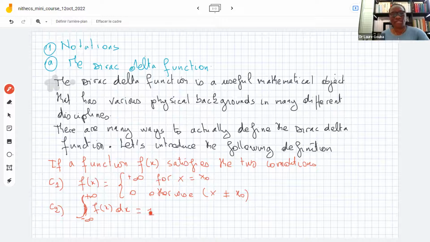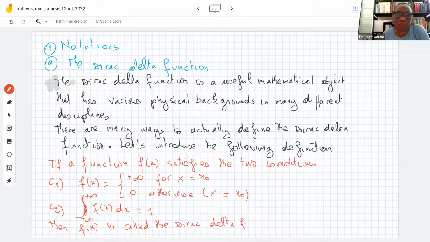So if a function f of x satisfies these two conditions for a certain value x0, then f of x is called the Dirac delta function and is usually denoted delta of x minus x0.